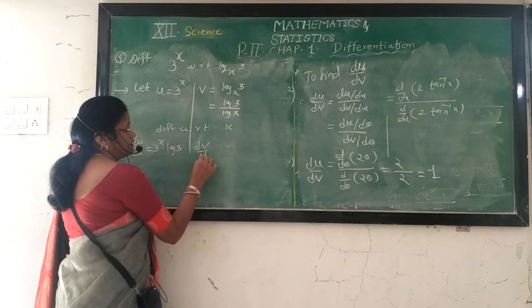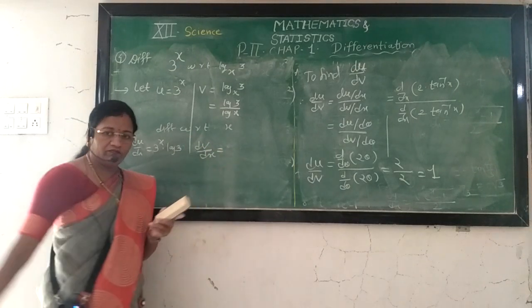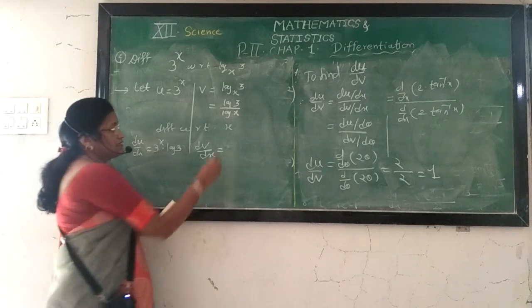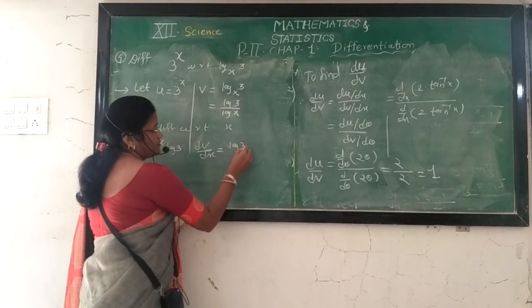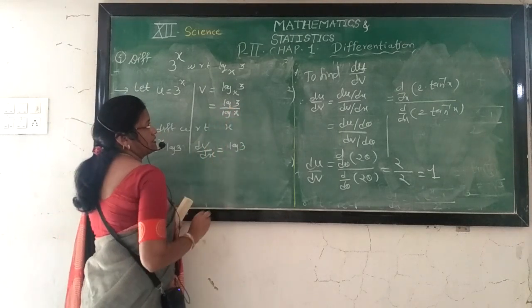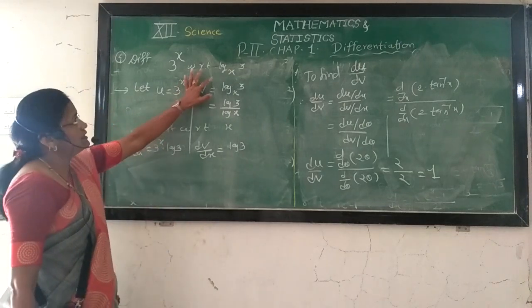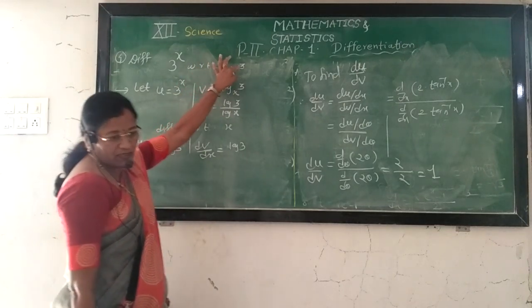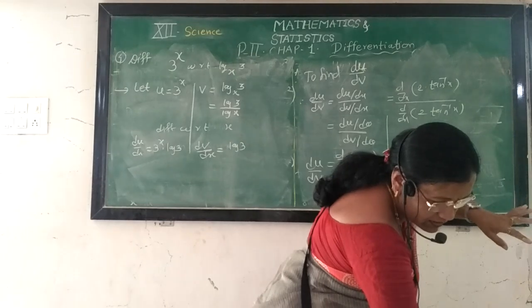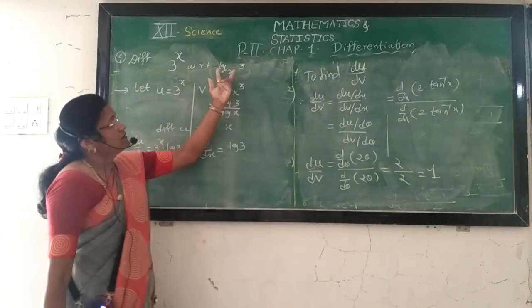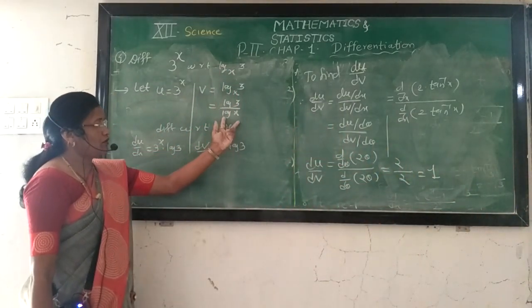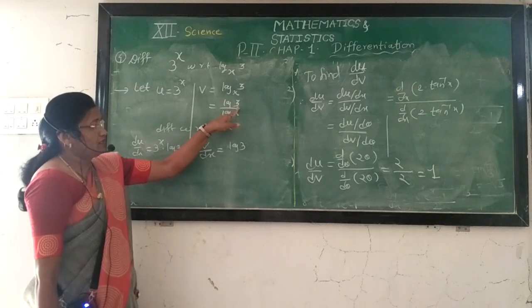Now the derivative of v with respect to x. As the given function is log 3 to the base x, by the change of base property it is log 3 upon log x, but log 3 is constant.